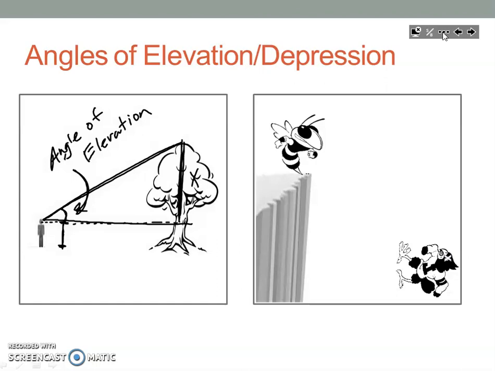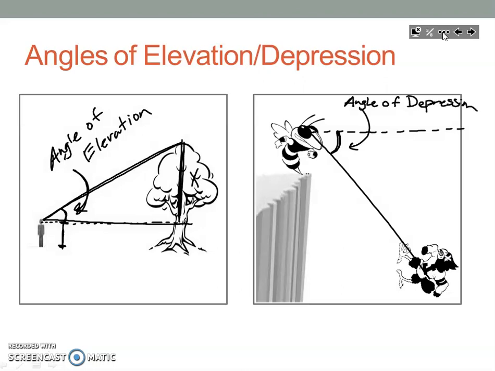If we're talking about depression, that's going to be the opposite. You've got your hornet here. There's his normal line of sight. Well, his angle of depression is going to be him looking down. So this right here would be your angle of depression.